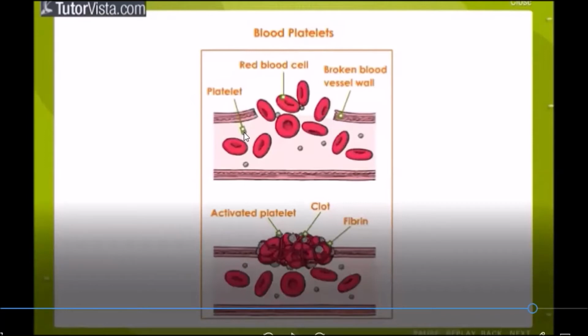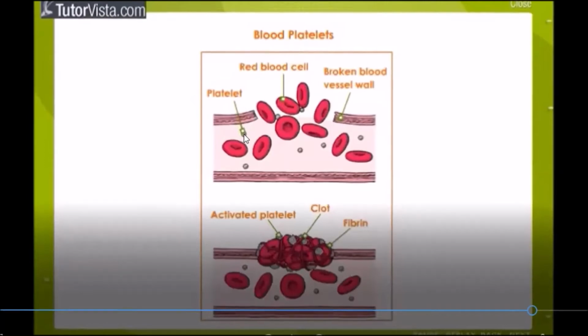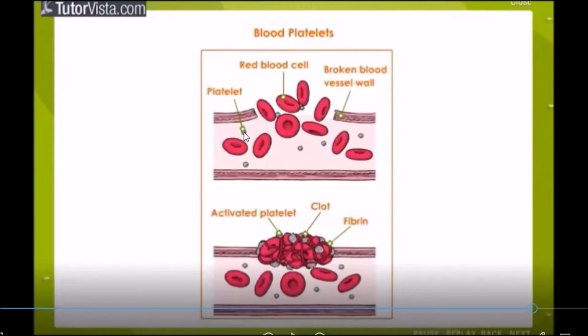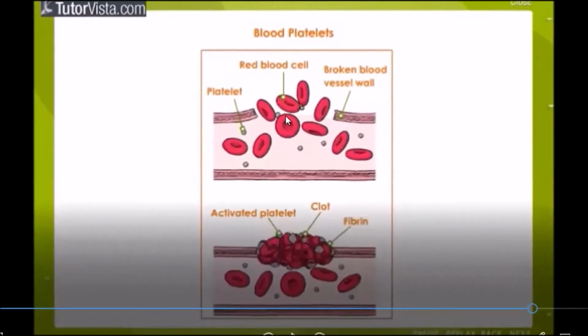So what happens, the platelets, as you can see, these smaller ones, they become activated and their surface becomes sticky. They start coming towards that injured part and stick to that injured part. And when they get activated, they start forming clots by blocking those RBCs from moving out of those vessels and start producing this clot. This is called a clot. Not only by sticking to the RBCs and forming a blockage of the vessel, but they also attract or produce a protein that is known as fibrin.